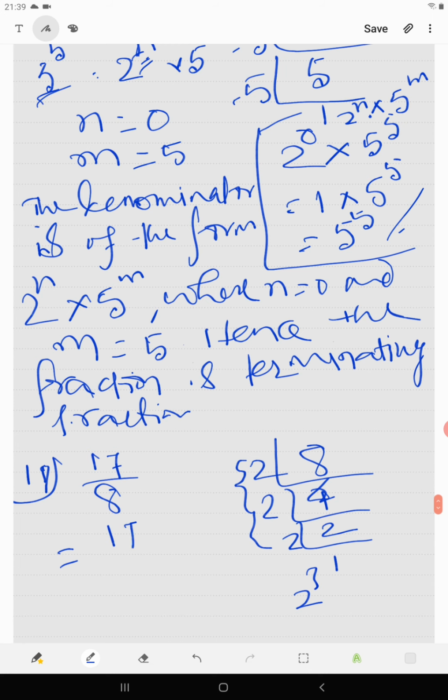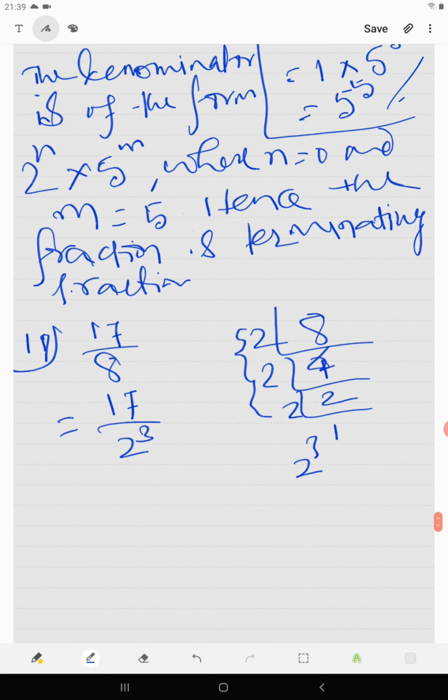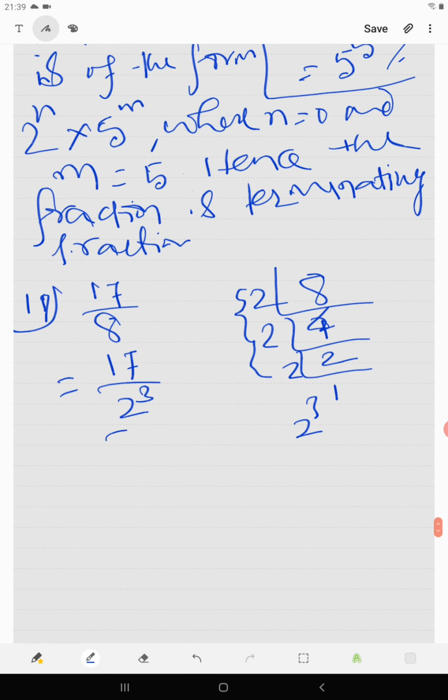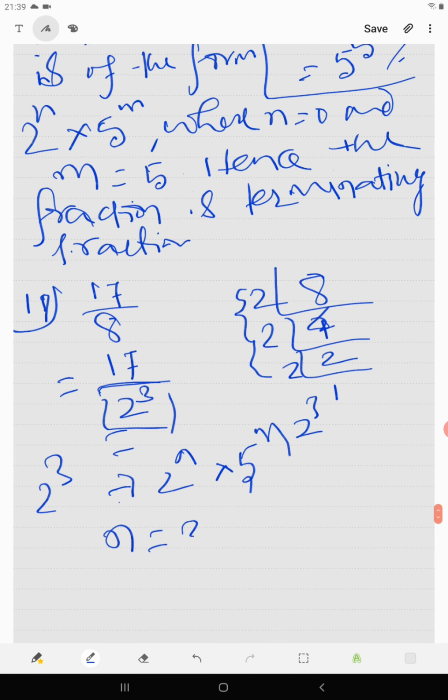So this whole thing we can write as 17 by 2 cube. Okay? Now compare this denominator 2 cube with 2 to the power n into 5 to the power m. So what we are getting? n equals 3, and since there is no power for 5, we can write m equals 0.